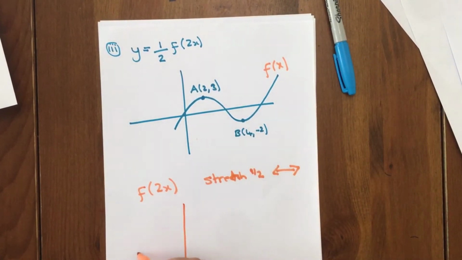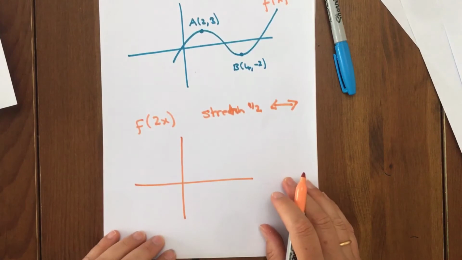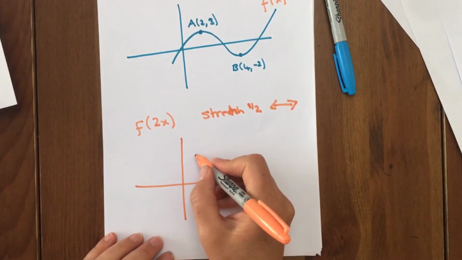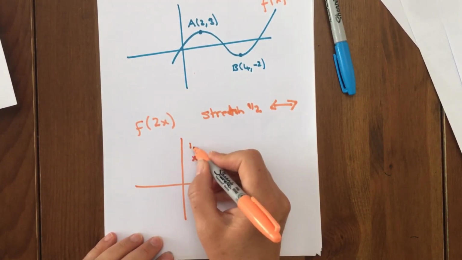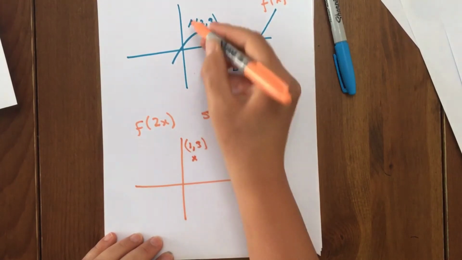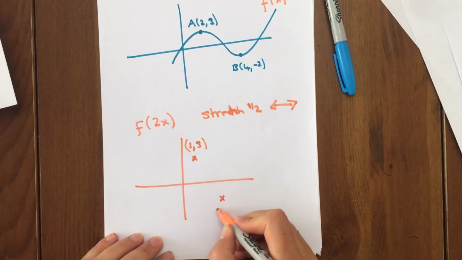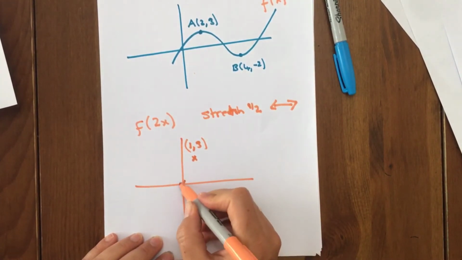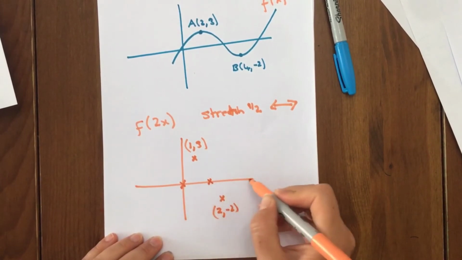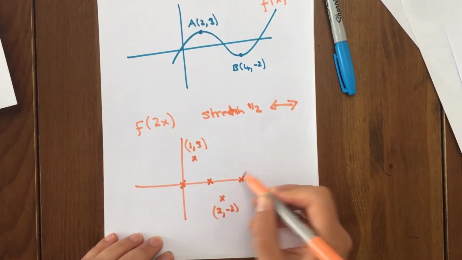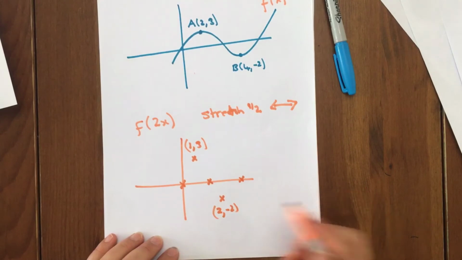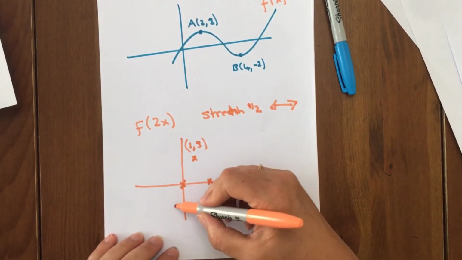So my graph will become, so (2, 3) will come in to (1, 3). Half of 2 is 1. And (4, -2) will come in to (2, -2). Where it crosses the axis will also come in by 1/2, but then 0, the origin, will stay the same.